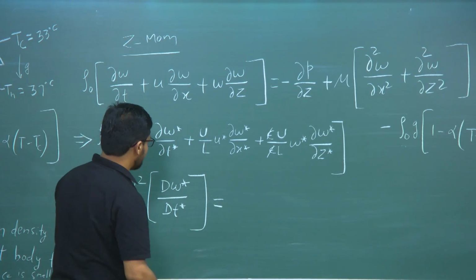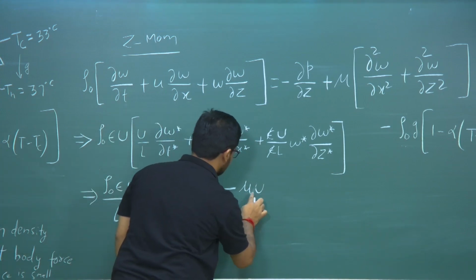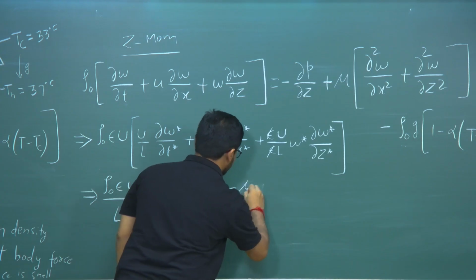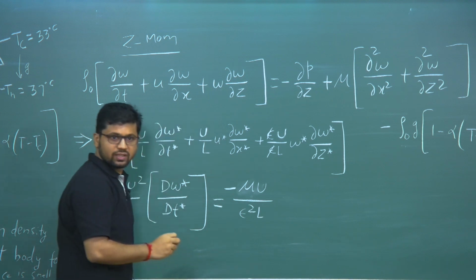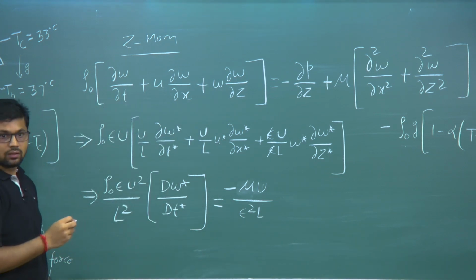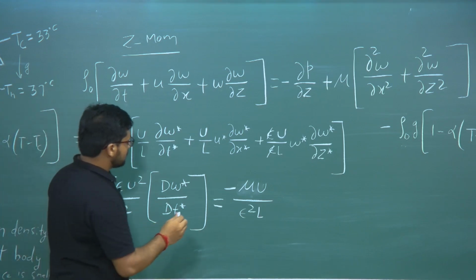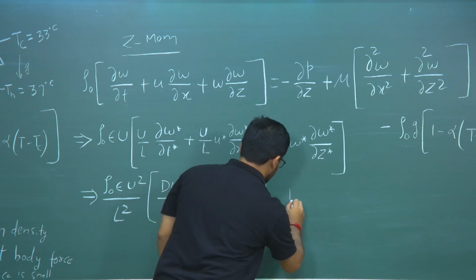So, the pressure scale was I think mu U upon epsilon square L. Can you check whether this was mu U upon epsilon square L or something else? Just check and tell me. I do not remember exactly what it was.